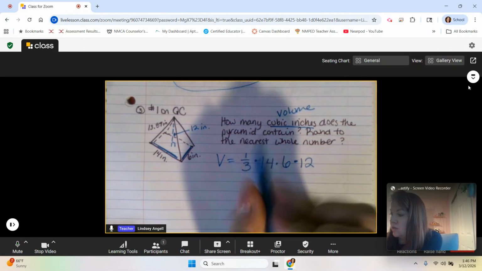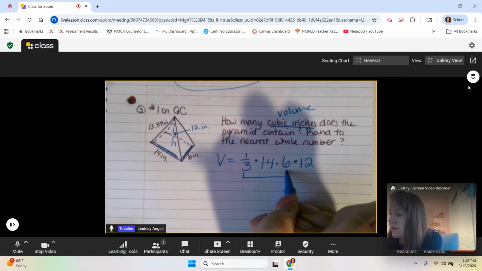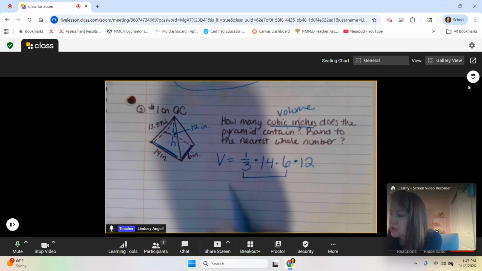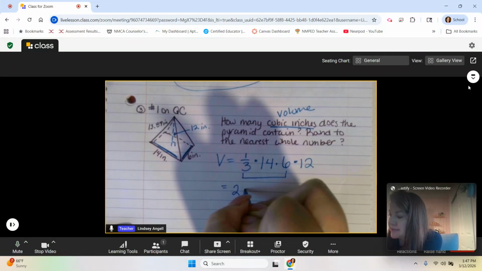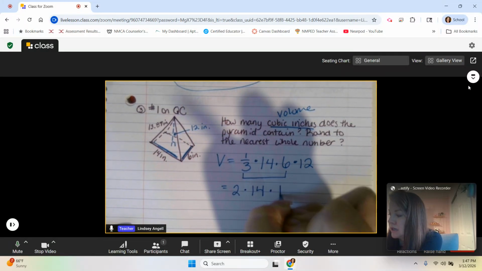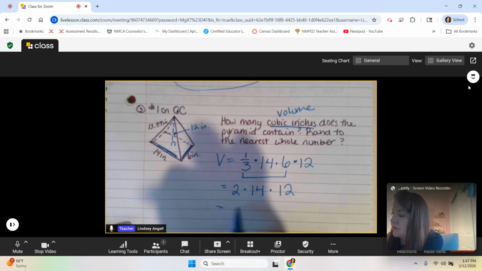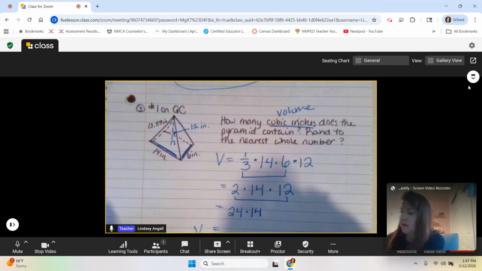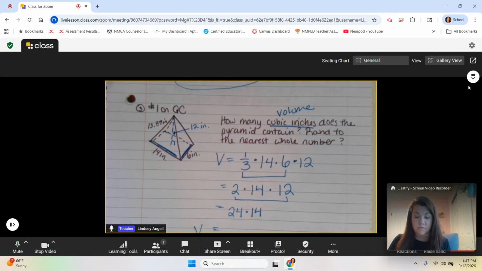With this, I noticed right away that 1/3 times 6, or 1/3 of 6, is 2. So I'm going to rewrite this as 2 times 14 times 12. I know what 2 times 12 is. That's 24. So really, I'm doing 24 times 14.